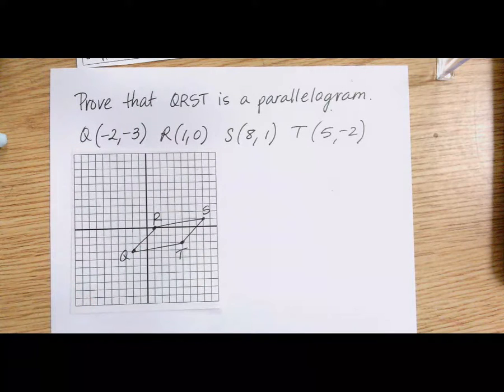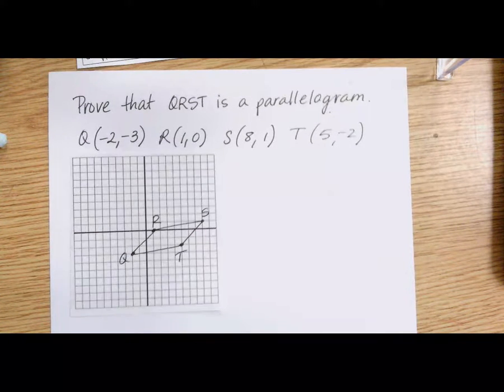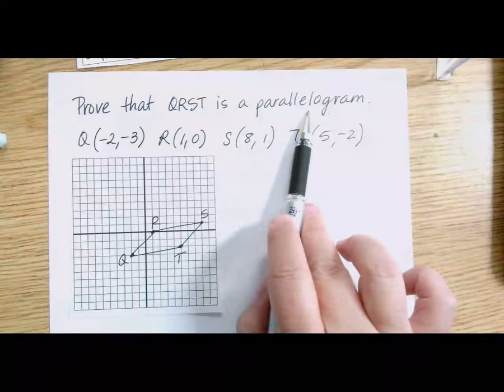And there are three main ways I would suggest doing this. There actually is a fourth way, and honestly, there's probably more than that. But the three main ways I would suggest are the following. The most obvious way would be to show that opposite sides are parallel, because that is the definition of a parallelogram.